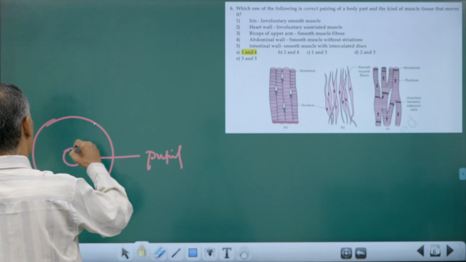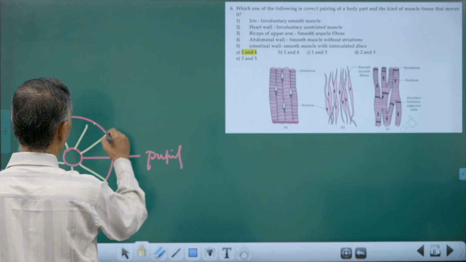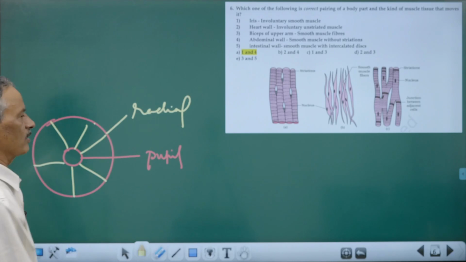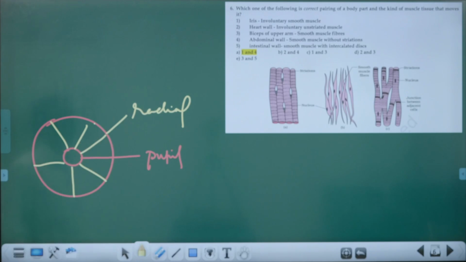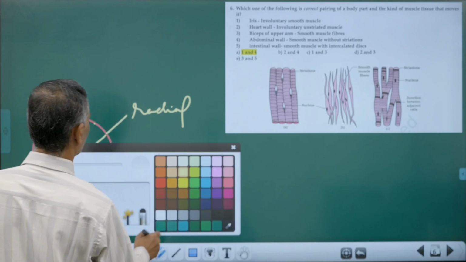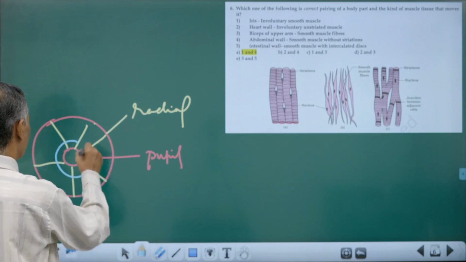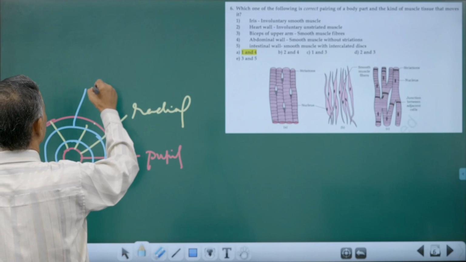Let us see. Some muscles are arranged radially. So we call it as radial muscles. When these radial muscles contract, the pupil dilates. More light will be entering in. Second set of muscles, we are having muscles arranged in the form of rings, so called circular muscles.